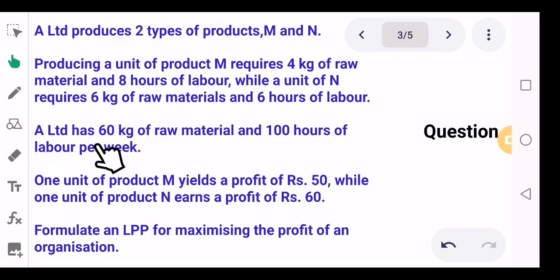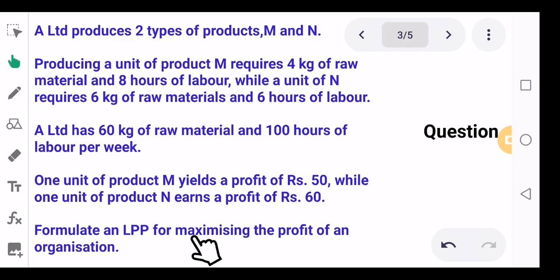A Limited has 60 kg of raw material and 100 hours of labor per week. 1 unit of product M yields a profit of rupees 50, while 1 unit of product N earns a profit of rupees 60. Formulate an LPP for maximizing the profit of an organization.